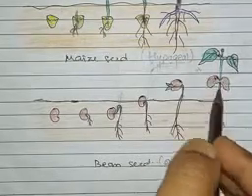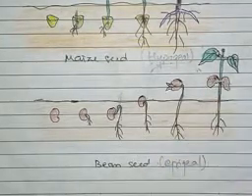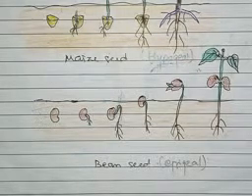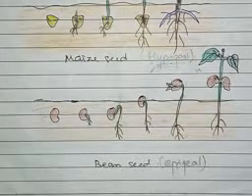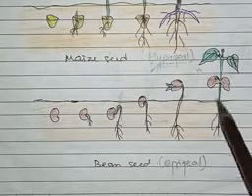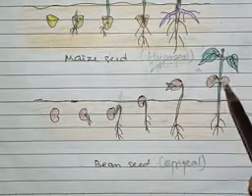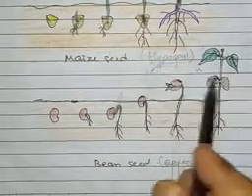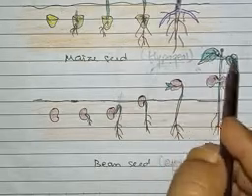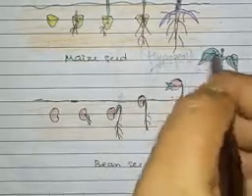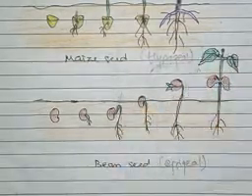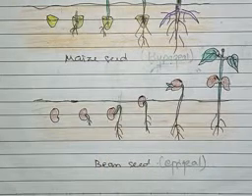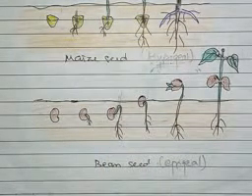That is why we call the cotyledon the seedling leaf. Whatever food is stored inside the cotyledon will be used by the growing seedling, and later when the seedling develops its own green leaves, the green leaves will start photosynthesis, and the seedling becomes independent.